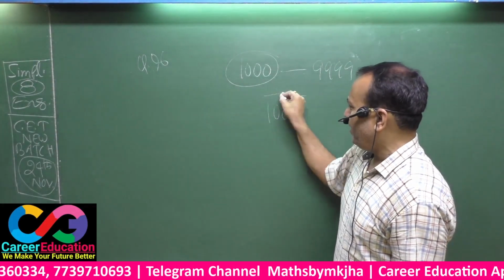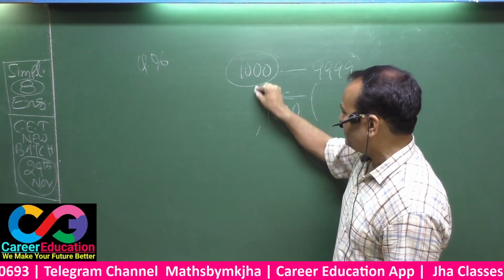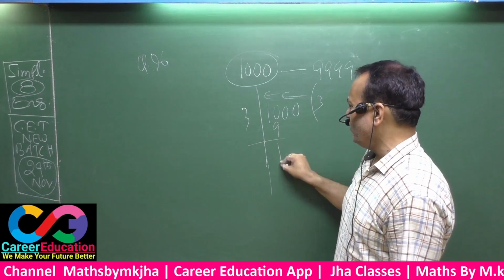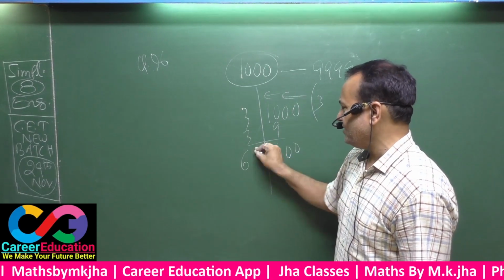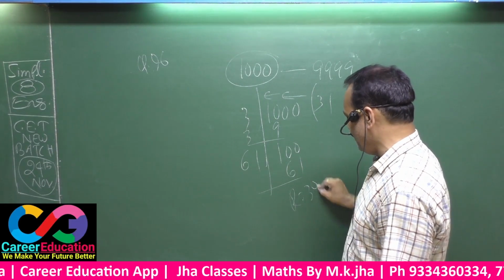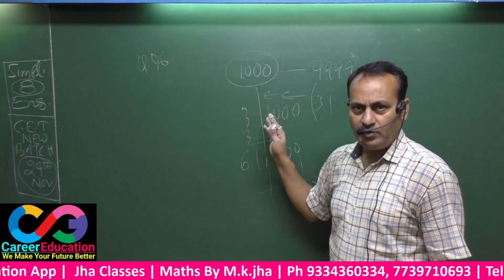After pairing, this happens, just like this. 3 3s are 9, 1 remaining. 3 will be added here, 6, 1 time more, remainder is 39. See here, you can subtract 39 from 1000.